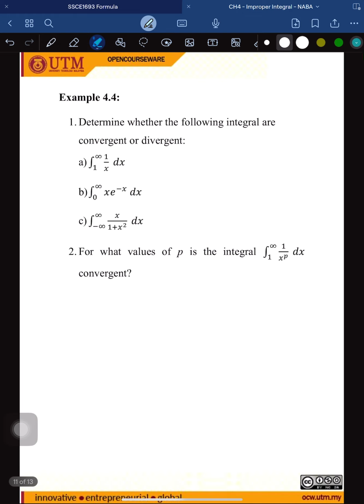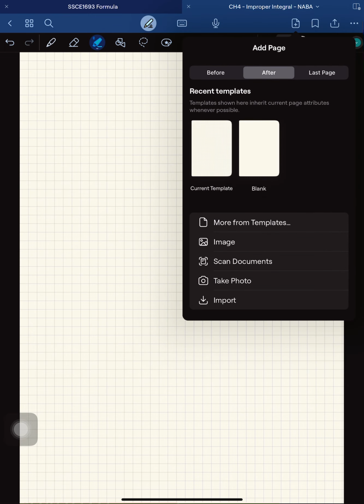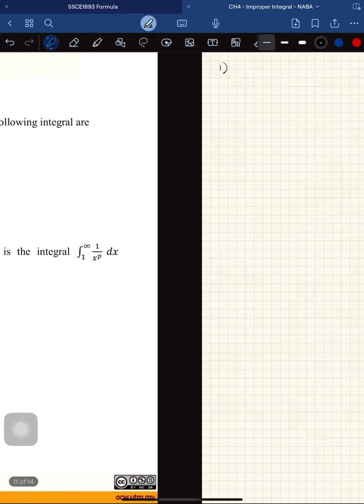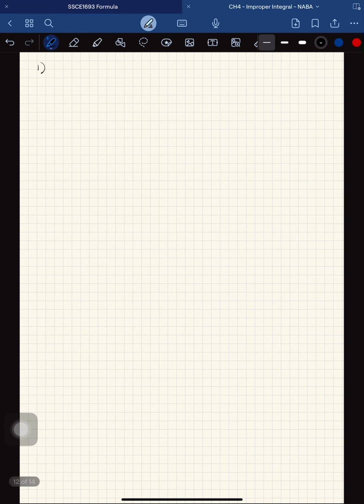Okay, let's try this one. Example 4.4, number 1, A: integrate from 1 to infinity of 1 over x dx.